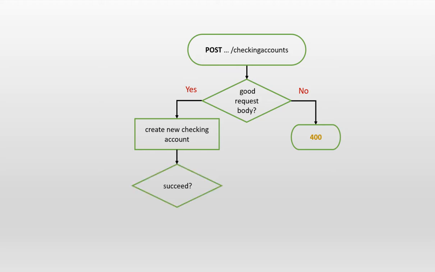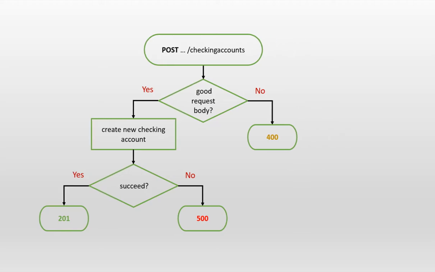If the creation is successful, the API will return 201, which means the resource has been created. Otherwise, the API will return 500 internal error. Because this is unexpected, as the API already performed validation on the request body to ensure the resource could be created.